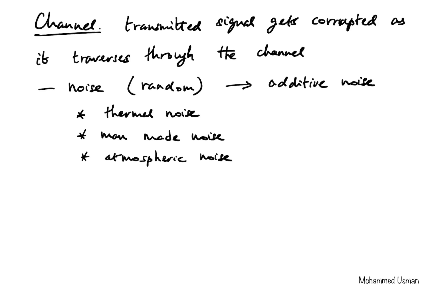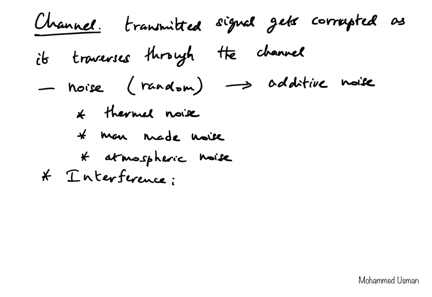And another form of distortion that happens on a communication channel is interference. Now, interference is the corruption of a signal by some other signal.